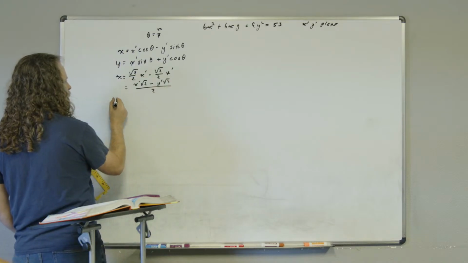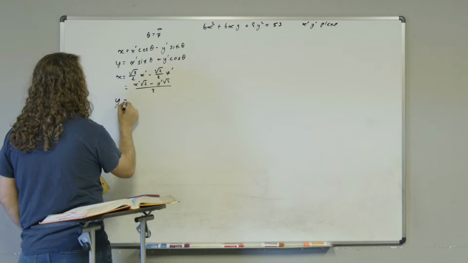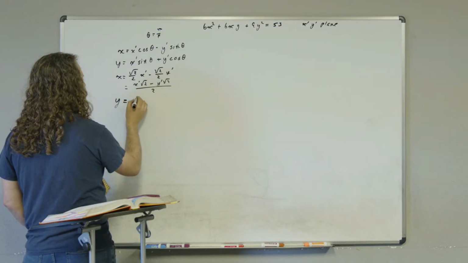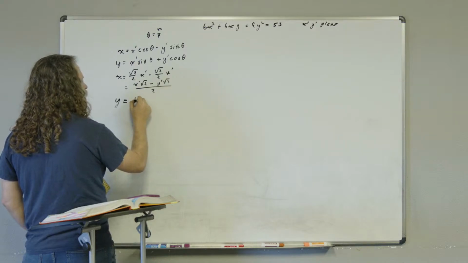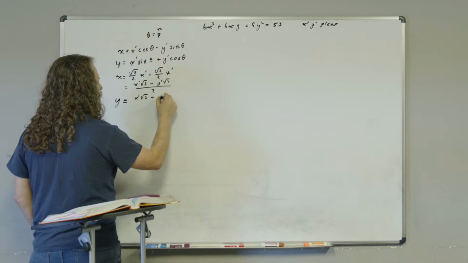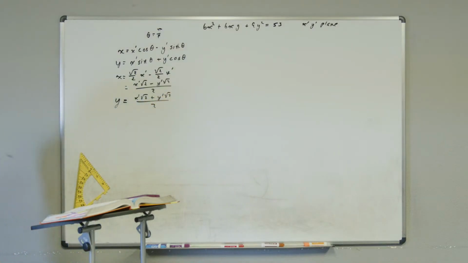And y is going to be the same thing but with a plus in the middle, right? Because 45 degrees, pi over 4. X prime square root of 2 plus y prime square root of 2 all over 2. Then we start shoving those into that equation, right?